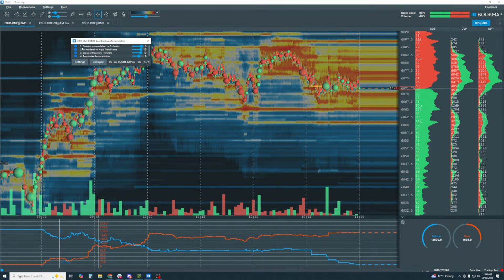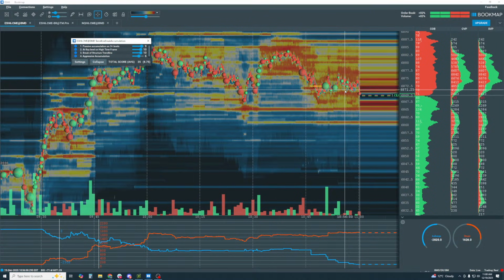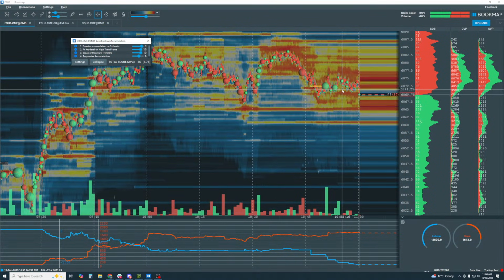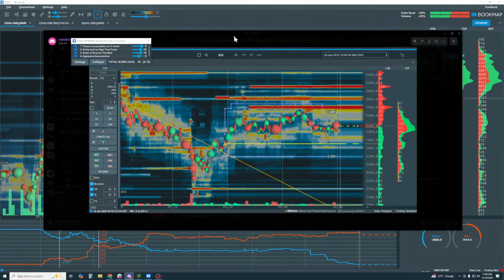Okay, so number 1, passive accumulation on 3+ levels. Number 2, your key level on the higher time frame. Number 3, a break of the structure. Number 4, aggressive accumulation.